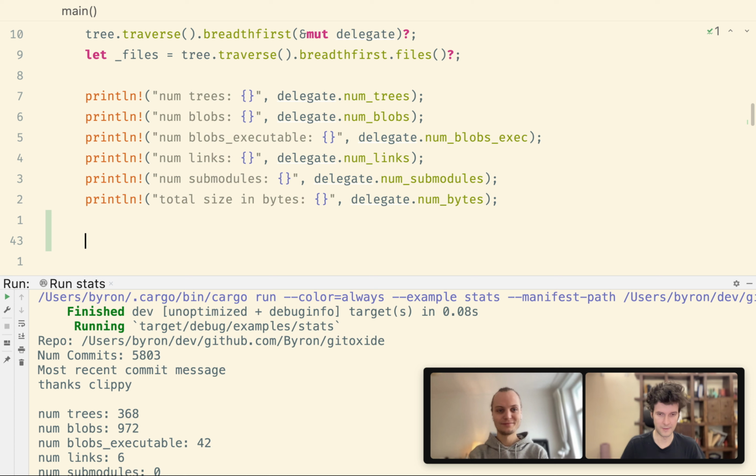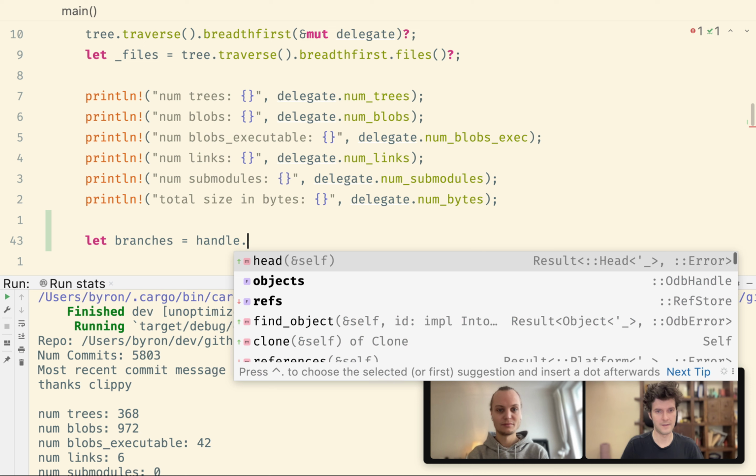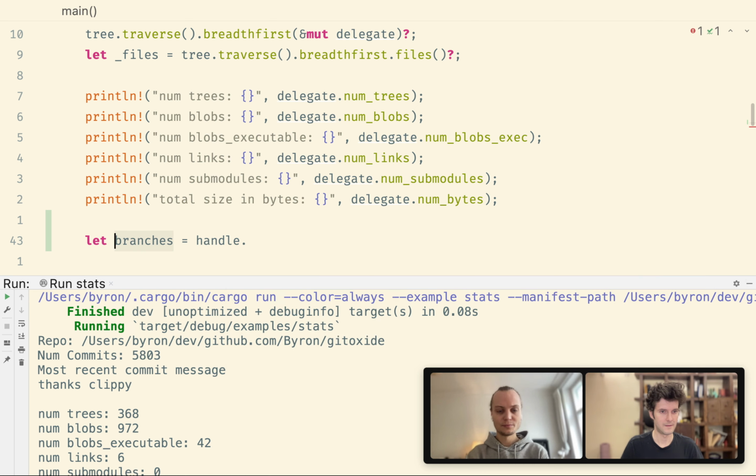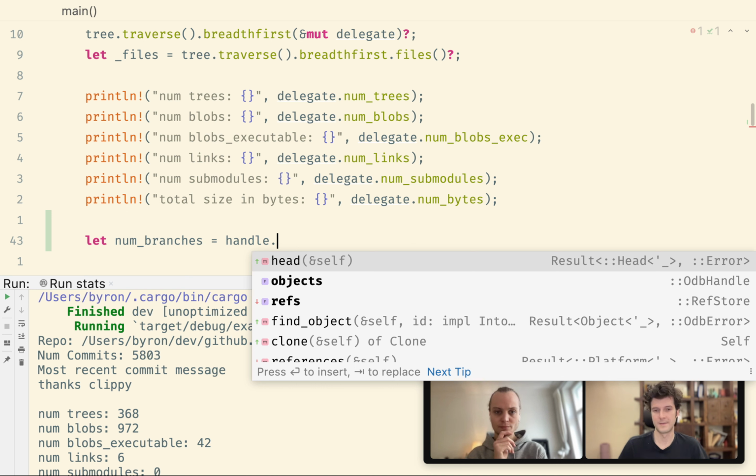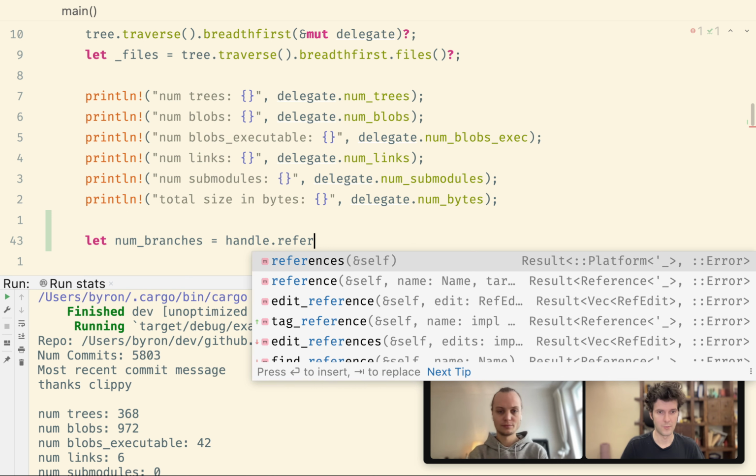Let's explore. What are you interested in? You tell me. Let's look for branches, for example, if I want to check out what branches exist. Okay. Let me have the handle here. Let's say num branches. For a beginning, this would mean we iterate branches. What are branches?